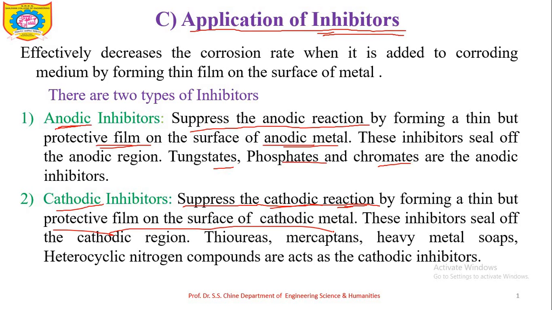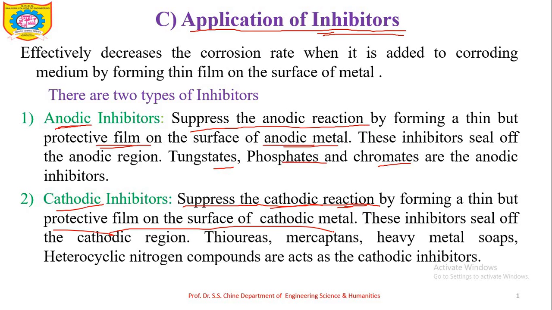So these also seal off the cathodic region. So the cathodic inhibitors used are thioureas, mercaptans, heavy metal soaps, etc. Okay. Then also the heterocyclic nitrogen compounds act as cathodic inhibitors. So it suppresses the cathodic reactions that are hydrogen evolution and oxygen absorption.